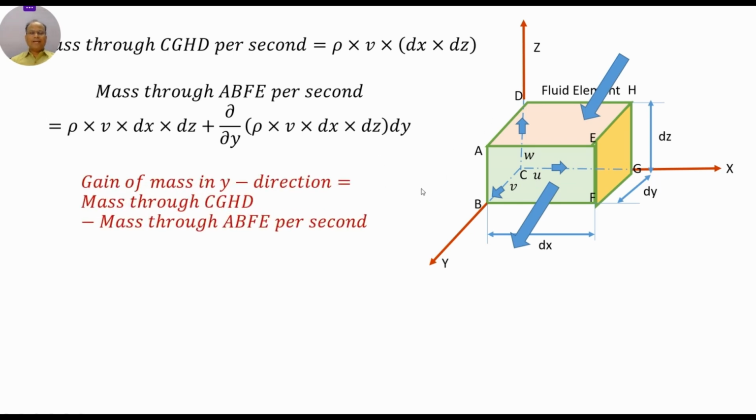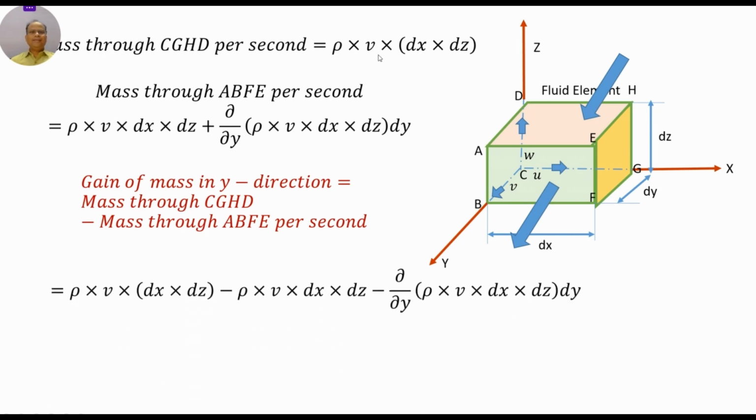The gain of mass in the y direction is the mass in from this face minus the mass out from this face. So mass in rho v dx into dz, minus rho v dx into dz, minus dou upon dou y rho v dx dz into dy.